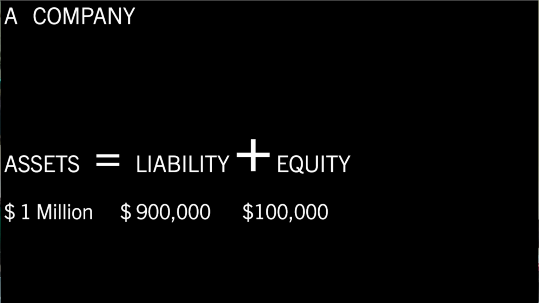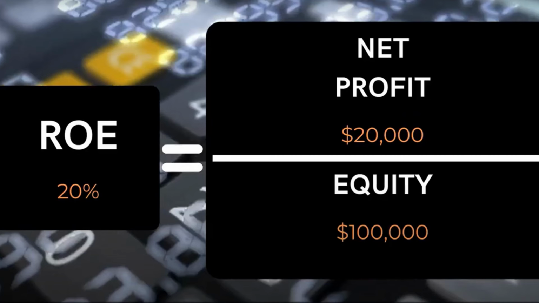ROE equals net profit divided by shareholders' equity. In this case, $20,000 divided by $100,000 is equal to 20%. So return on equity is equal to 20%.